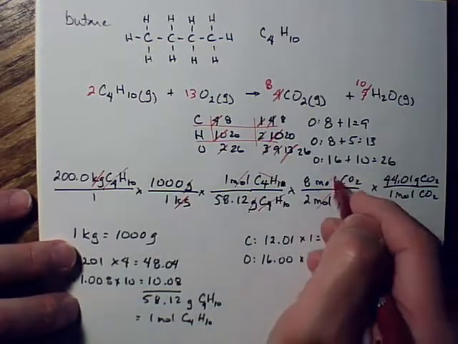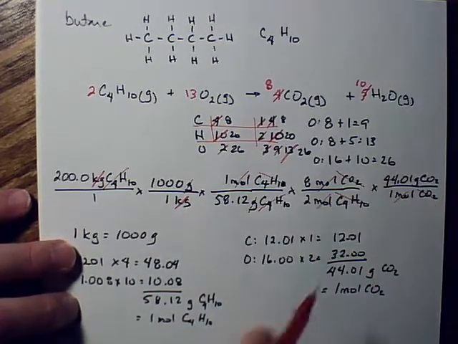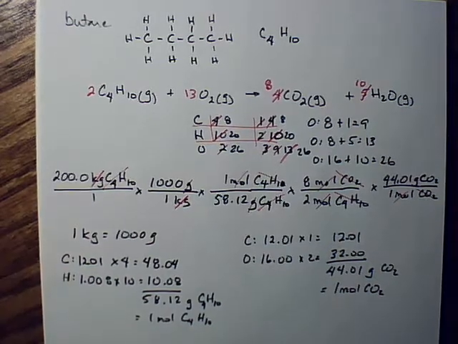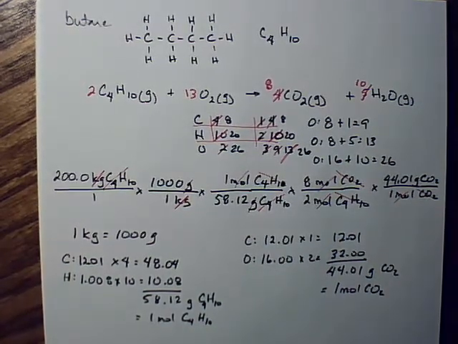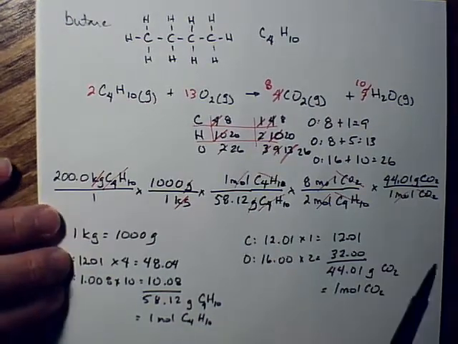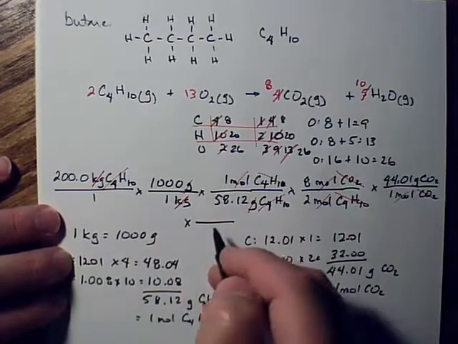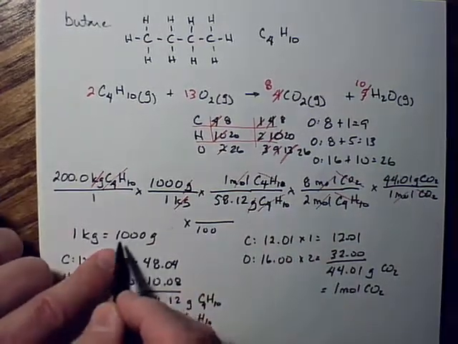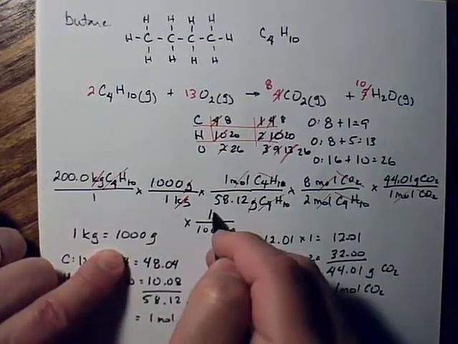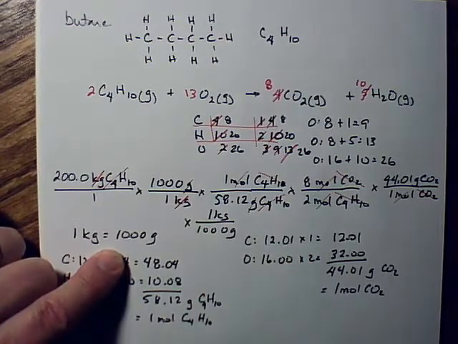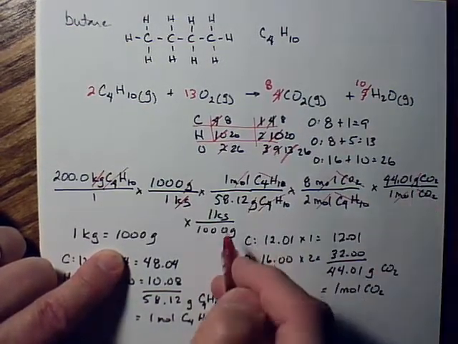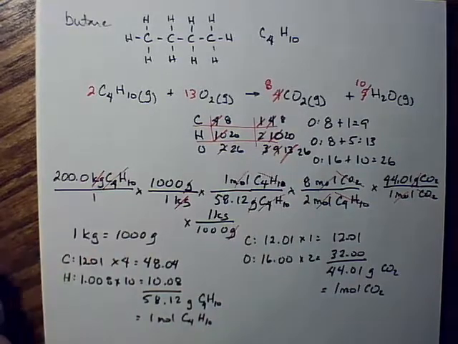Right, cancel out moles, cancel out CO2, and we really need to get our answer into kilograms, because the problem gives you your actual yield in kilograms, and you can't cancel units to calculate your percentage yield unless this answers in kilograms. So we want to convert back to kilograms here. So I'm going to put 1,000 grams on the bottom now from this equality statement, and 1 kilogram on the top, which allows me now to cancel grams and leave me with kilograms of CO2.